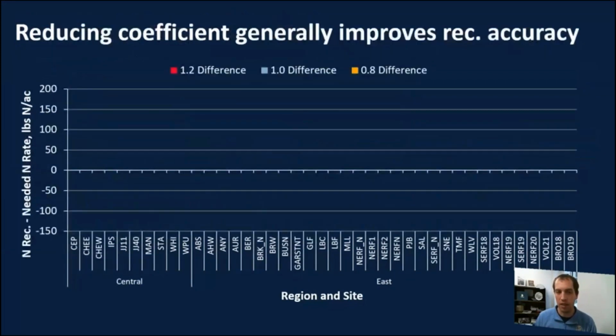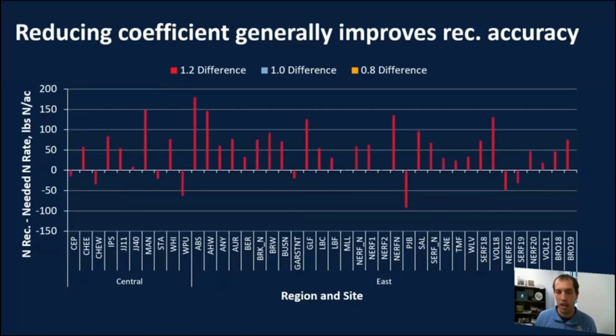So we're going to look at this graph, which is similar to the last one. We're going to look at the difference between the recommendation of using 1.2, 1.0, and 0.8, and subtracting that from the nitrogen needed in that cornfield. So first, we're going to look at that 1.2 that we've seen already. Now, what we want to see is when we do this 1.0 in blue, does that blue line get closer than the red line to that 0 mark, that 0 line right here?